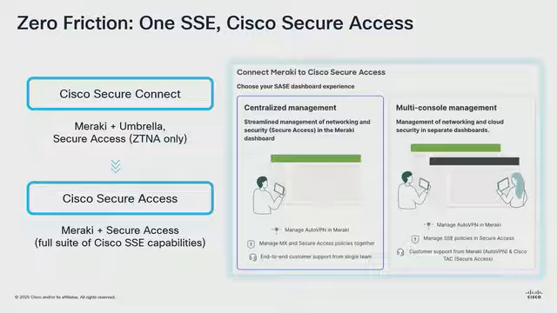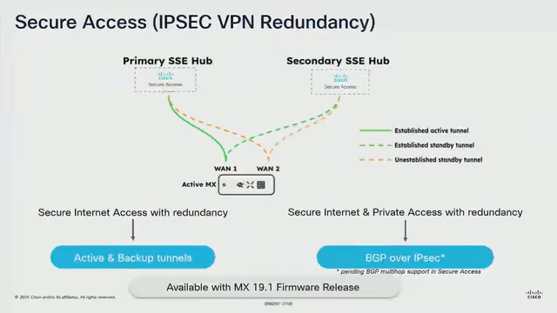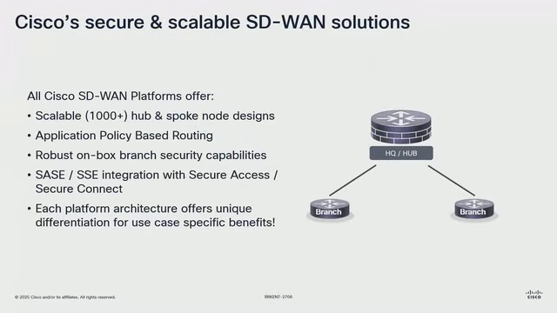So remember I said Meraki's got that cool auto VPN. If it's a Meraki customer, we actually spin up virtual Meraki MXs in our cloud and directly connect them to secure access. It's a pretty nice experience. And this uses that same BGP over IPsec I talked about earlier.